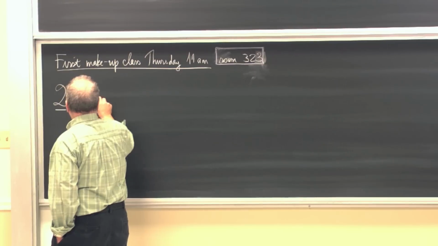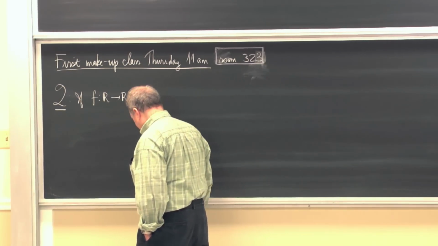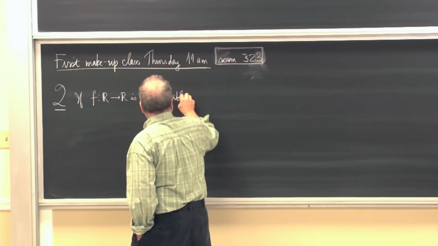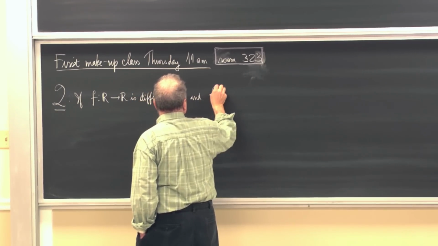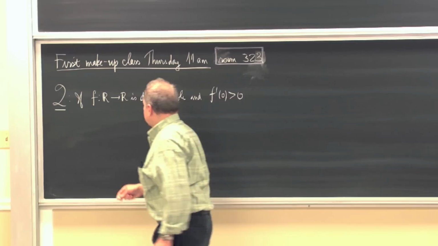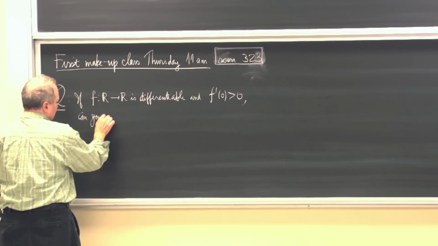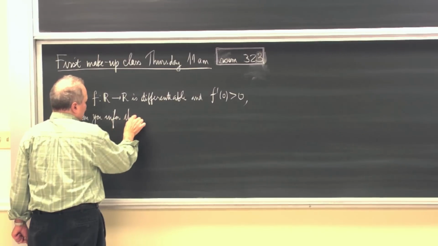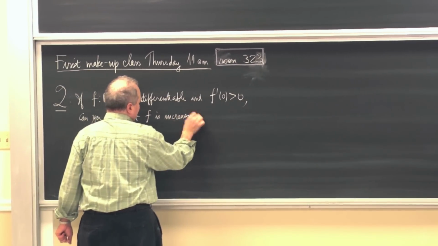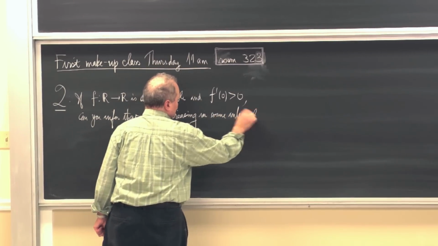If f is differentiable as a mapping from R to R, and say the derivative at 0 is positive, can you deduce that f is increasing in some interval around 0?